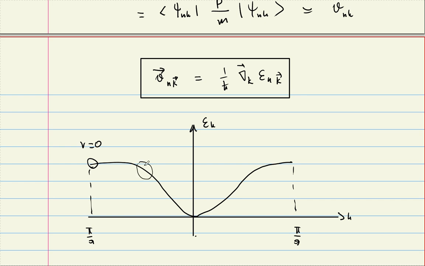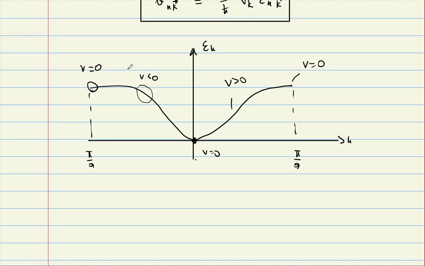In this region, what is the velocity sign? This is v less than 0. Here, v is again 0. Here, v is positive, and here, v is again 0. So what this says is, as you go along the band, you first stop, you go in the minus direction, negative velocity, and then you stop, and you go in the positive direction, and then you stop.